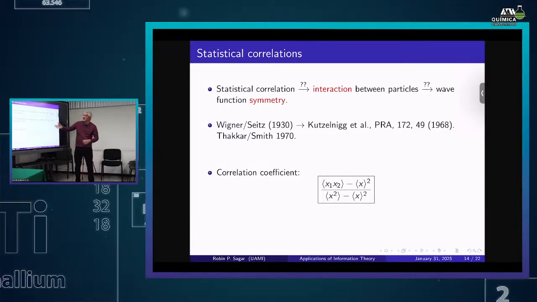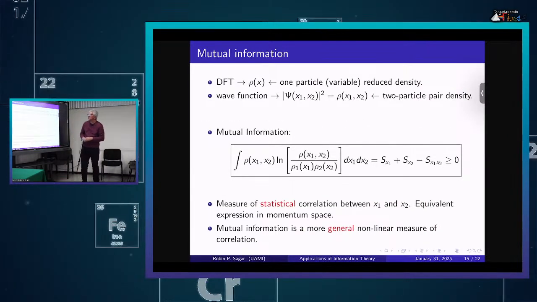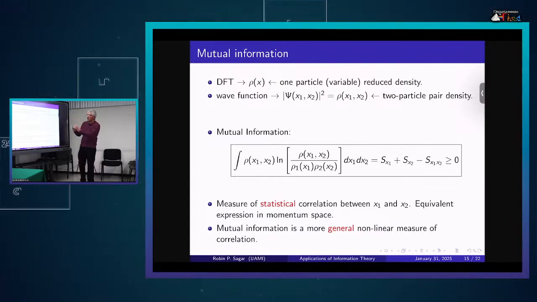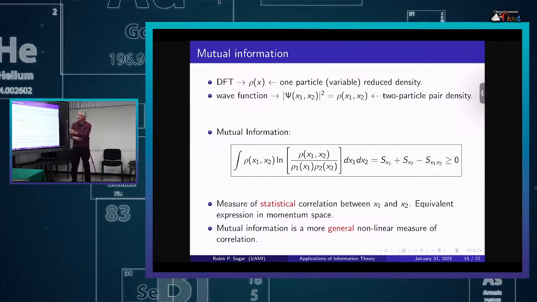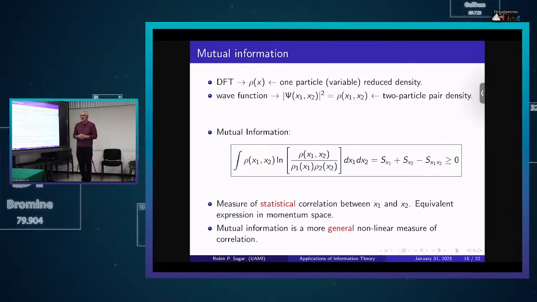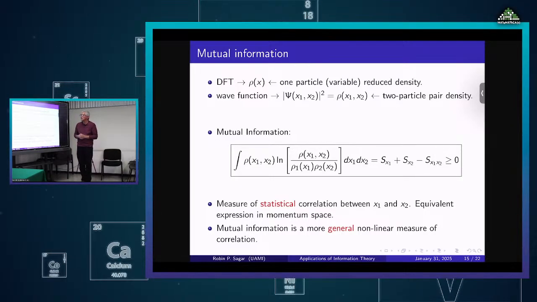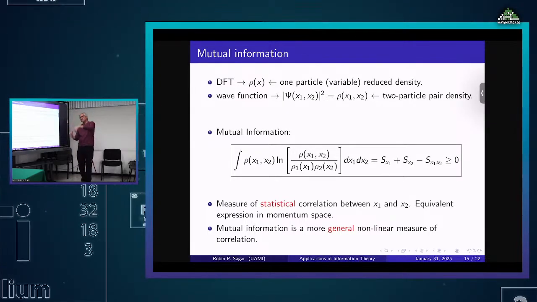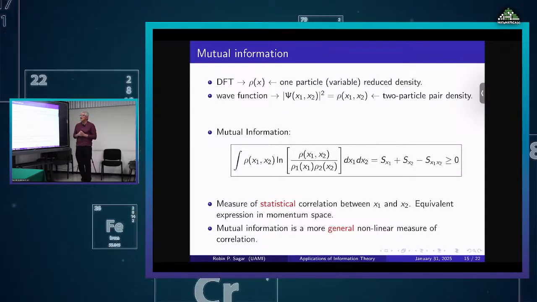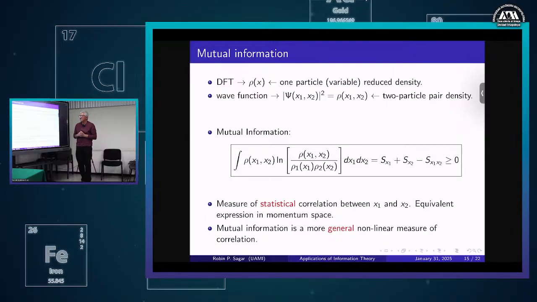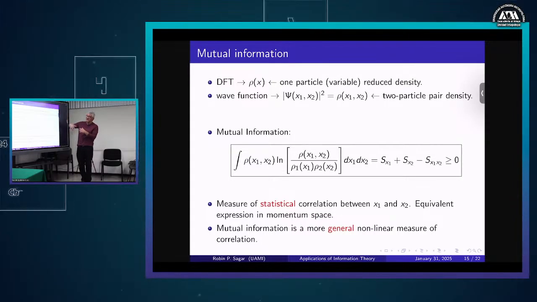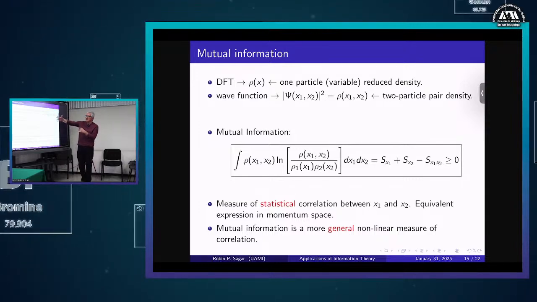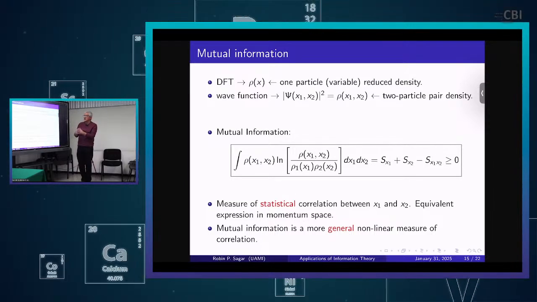Okay, so please, Ernesto. Okay, so now mutual information. We'll speak about this now. In DFT, the focus has been on the one-particle reduced density, reduced if you're speaking about an n-particle system. But I just recently said that in the definition of the correlation coefficient, you need the pair density.